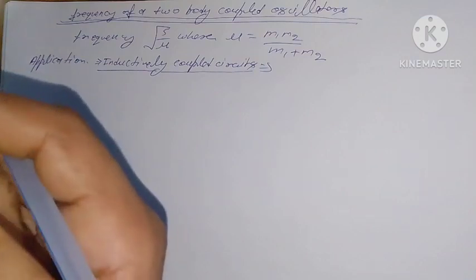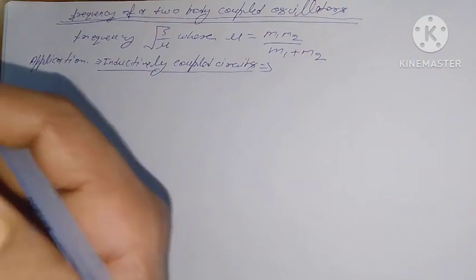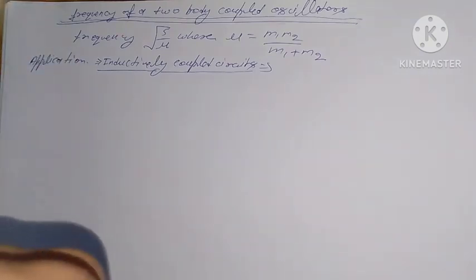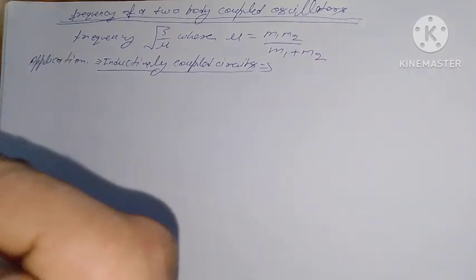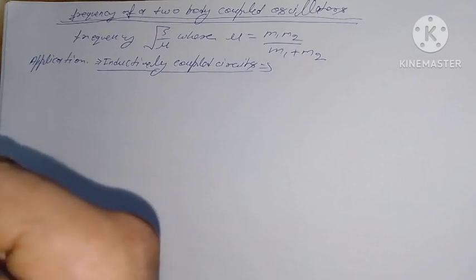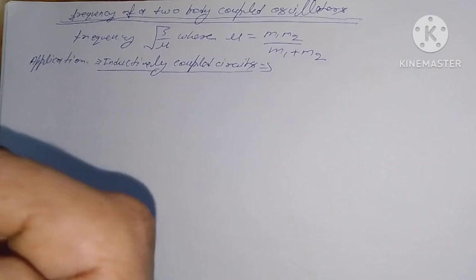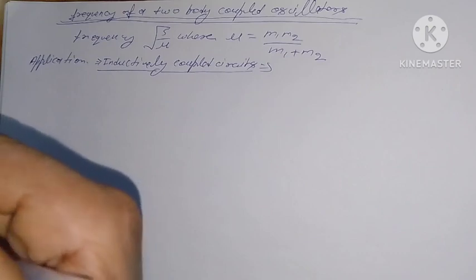The two electrical circuits are said to be inductively coupled when the magnetic flux due to current flowing in one circuit threads the second circuit. The two circuits are then said to have a mutual inductance.